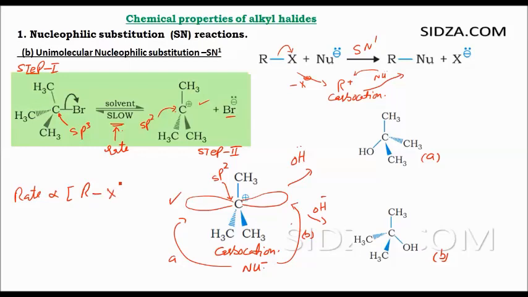It does not depend on the concentration of the nucleophile. So only one concentration term. That's why this is called a unimolecular nucleophilic substitution reaction, or SN1. Why? Because we have only one concentration term on which the rate of the reaction depends.